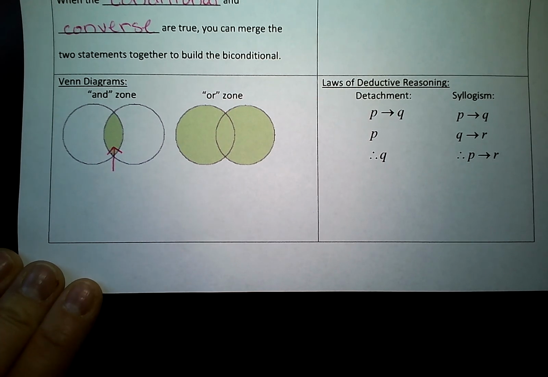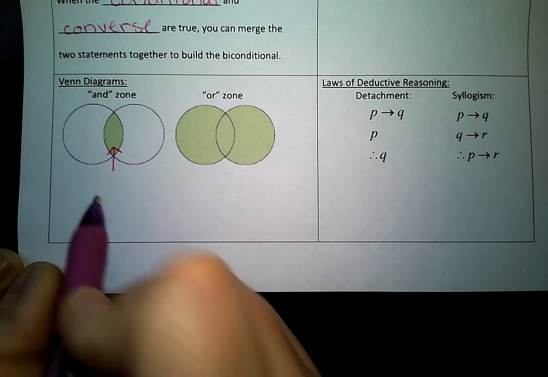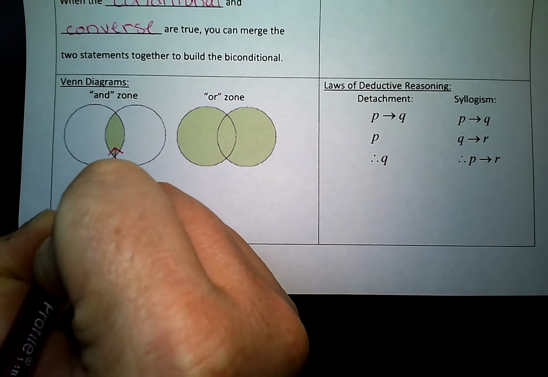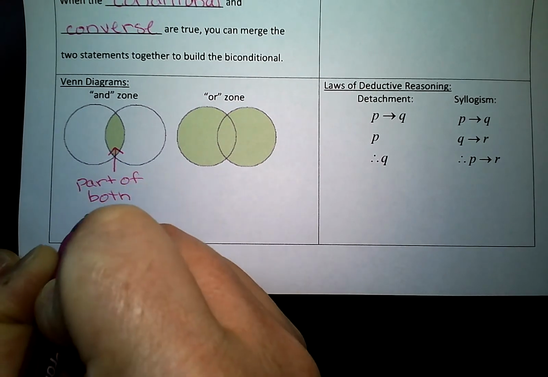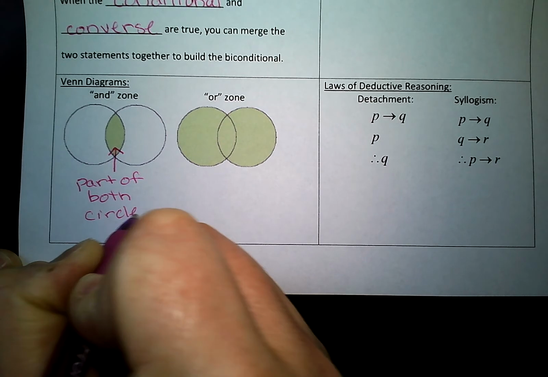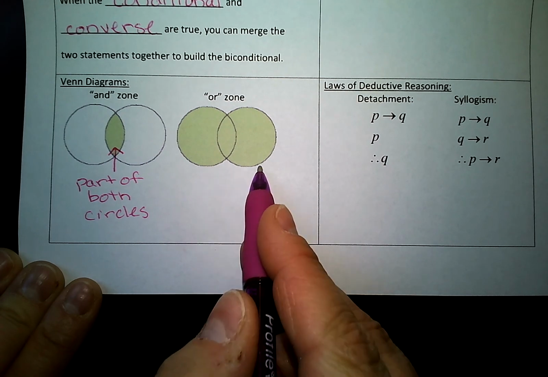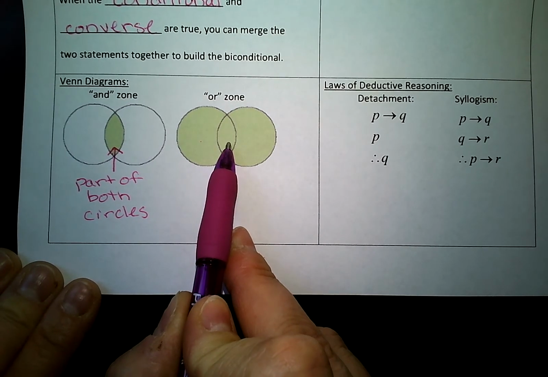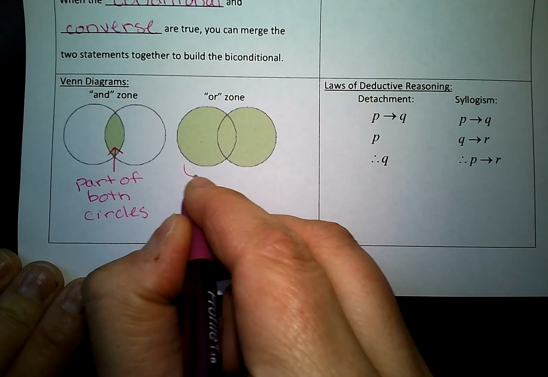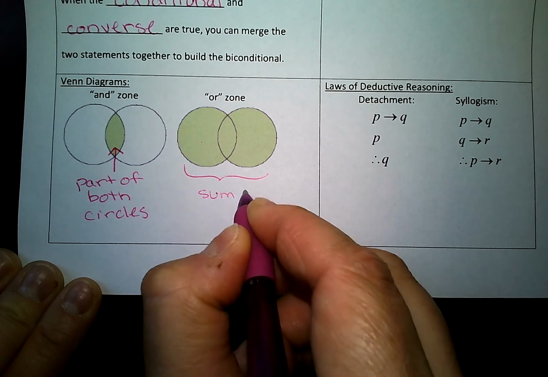This zone is shown as the and zone because it is part of both circles. The or zone is much bigger. The or zone is the entire Venn diagram, the zones of independence as well as the overlapping zone. The or zone is the sum of all parts.